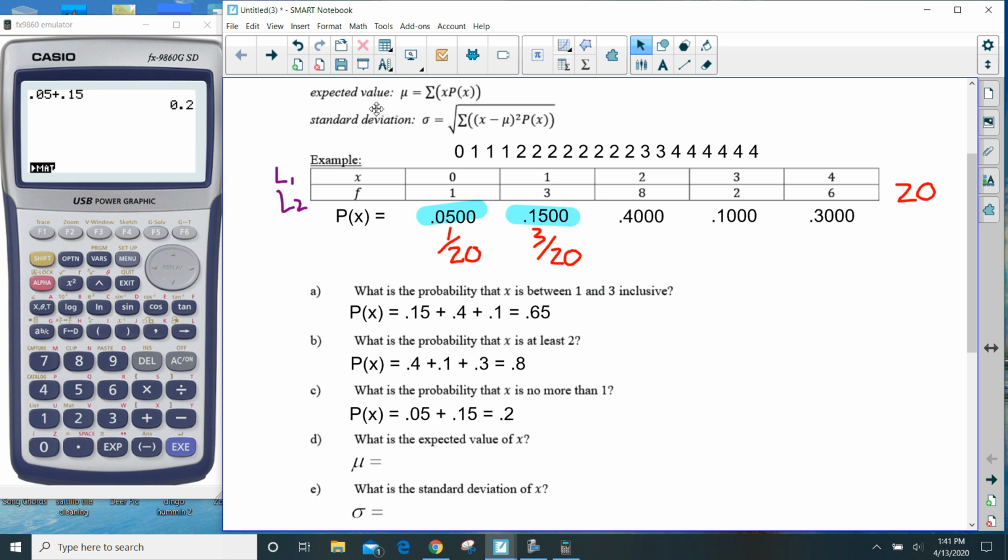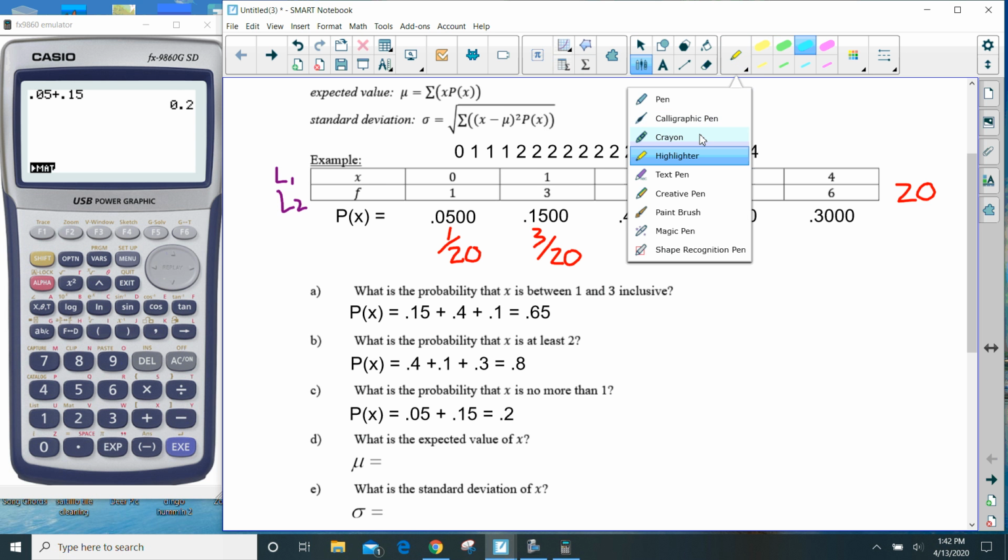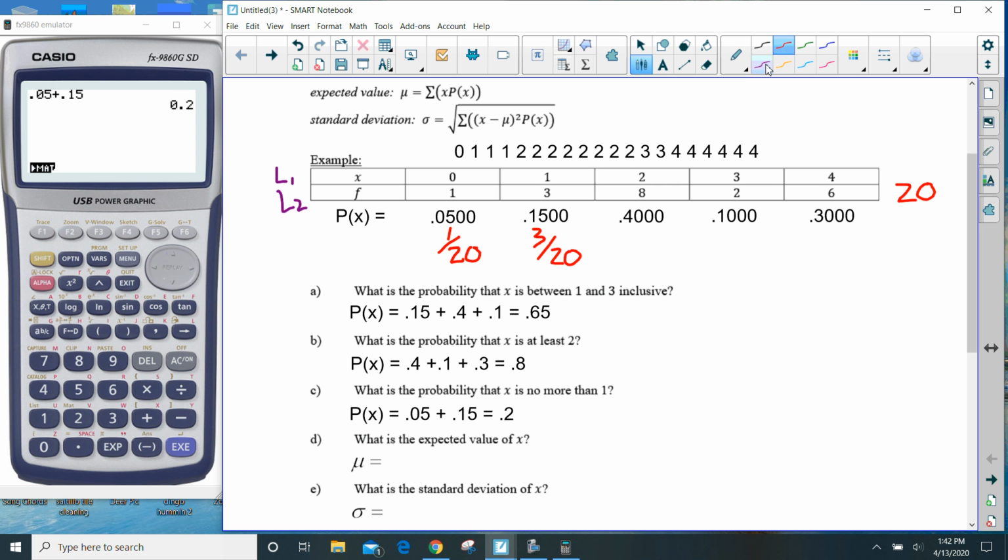On to the expected value. The expected value is the average. The average is what you expect out of this. And what that is is the sum of x times p(x). So updating the lists that I have here on my calculator, I stored these probabilities as list 3.